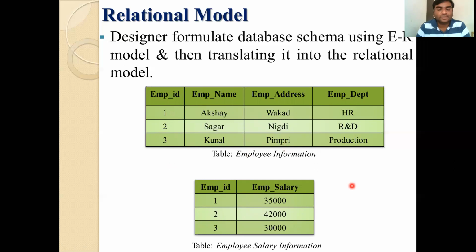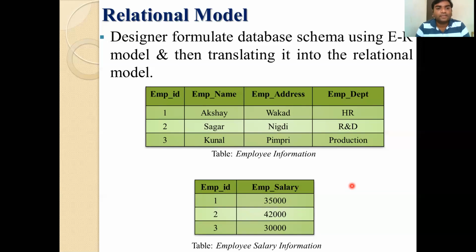So what we have discussed in this tutorial: first we discussed the data model. A data model is a collection of conceptual tools describing the data, data relationships, data semantics, and consistency constraints. Then there are three types of data model. The first is the network model, the second is the hierarchical model, and the third is the relational model.